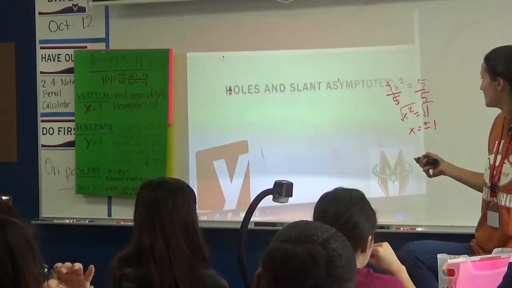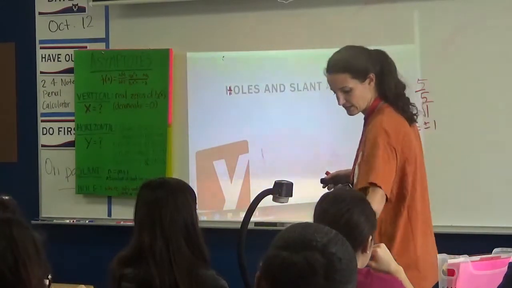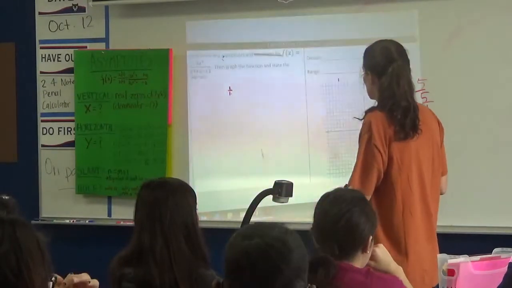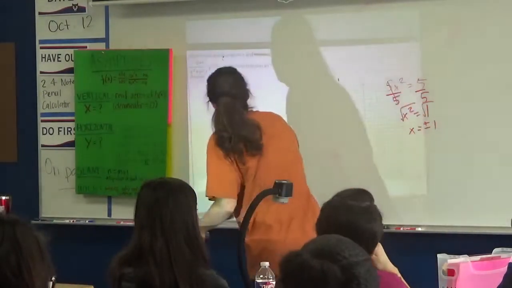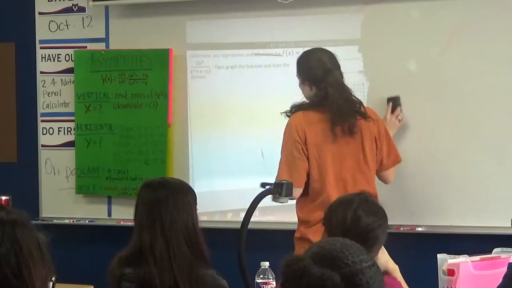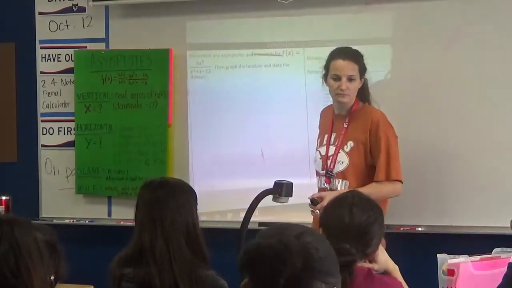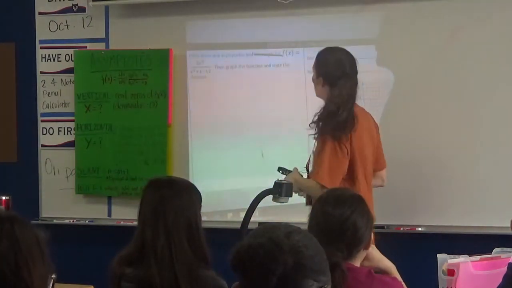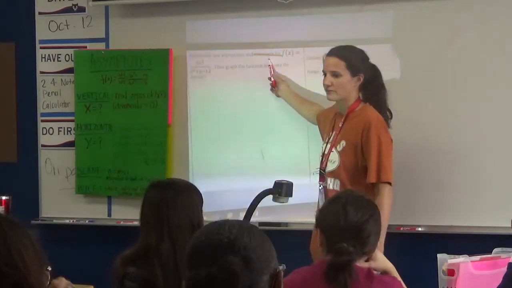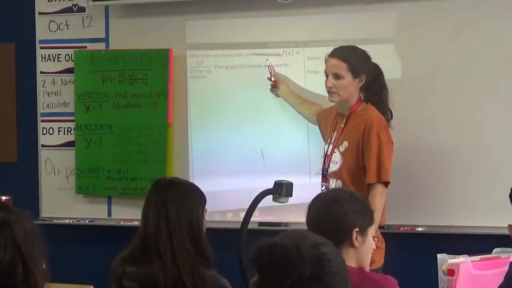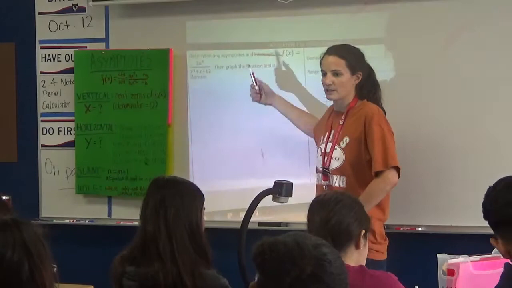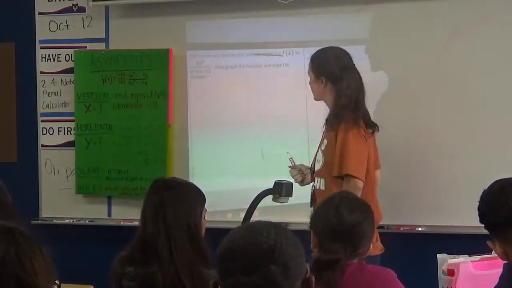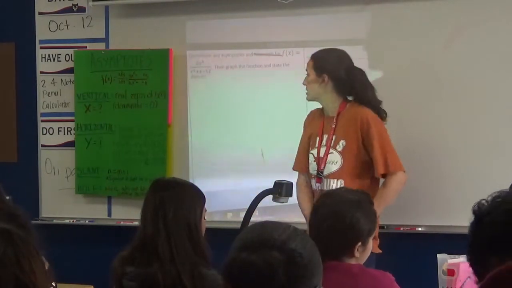Alright, let's talk about holes and slant asymptotes. Before we jump in, I think this is right below at the bottom, right? Yeah? Okay, cool. For the sake of time, we are actually not going to find the intercepts, so just change the direction slightly for me, because I want to make sure we can keep moving quickly. So we're going to focus today just on the asymptotes.